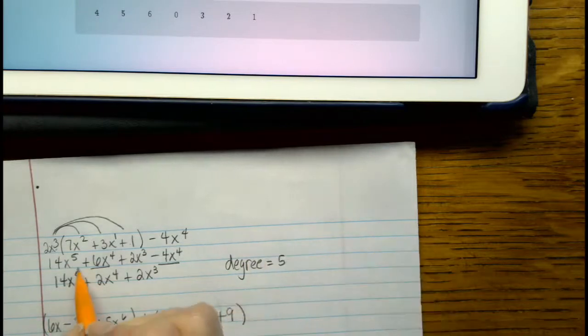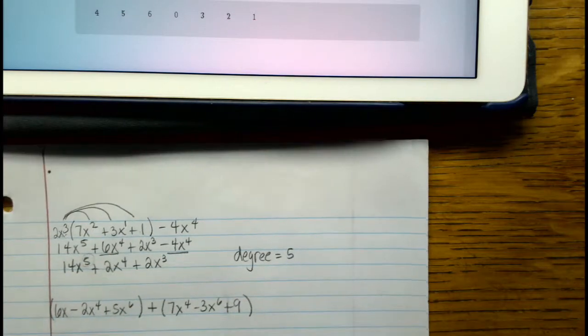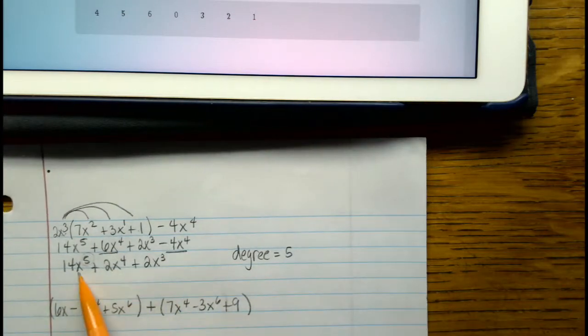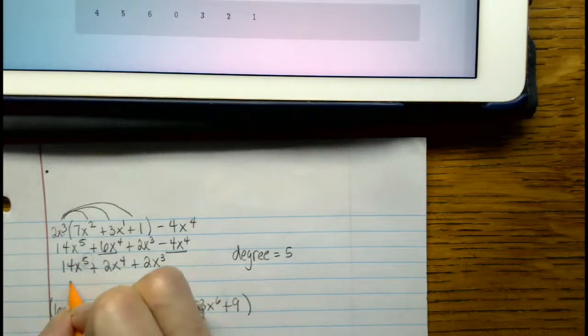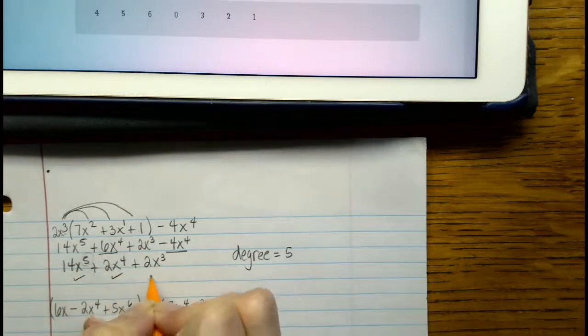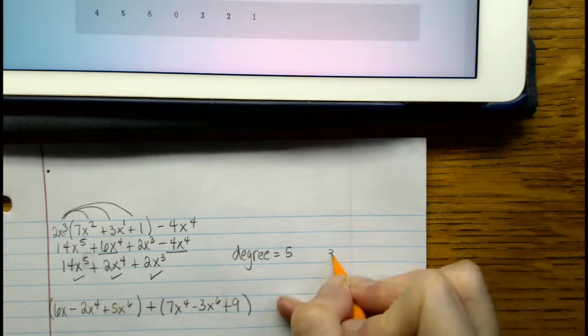It's the highest degree term. We actually wrote this answer in standard form, which means the highest degree first, then the next highest degree, then the final degree. And then how many terms we have? 1, 2, 3. 3 terms.